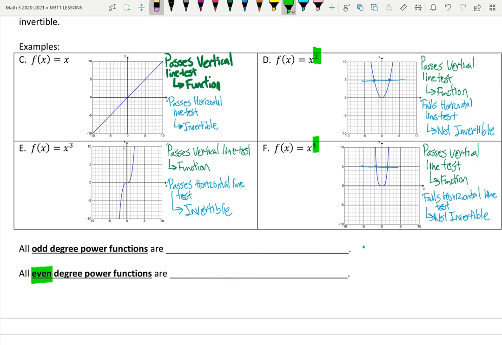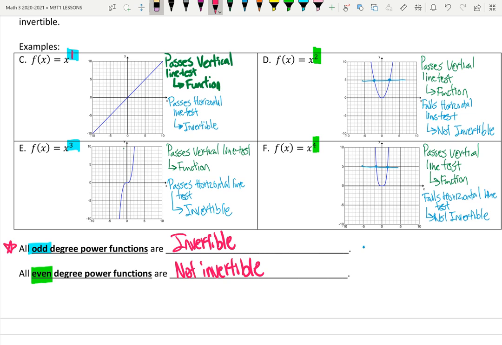All even degree powers are not invertible. Odd powers are invertible. The reason why the C example would be considered odd is because when there is no exponent, it is assumed to be 1.